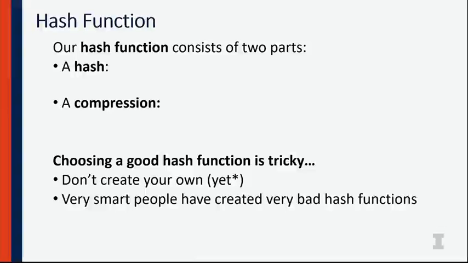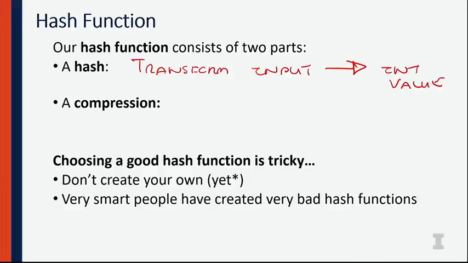And there are going to be 3 characteristics that we can analyze to determine whether or not we have a great hash function. To dive into this, we want to look at the hash function in 2 different pieces. The first piece is the function itself, how we transform whatever our input is into a number. So we say the hash itself is going to transform an input into an integer.